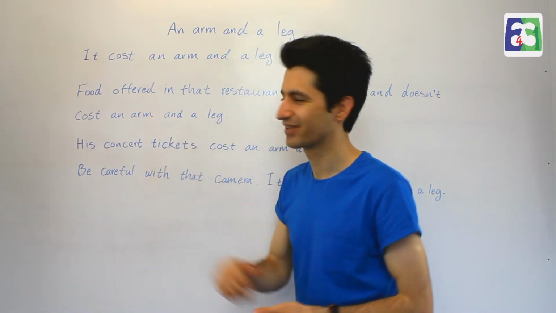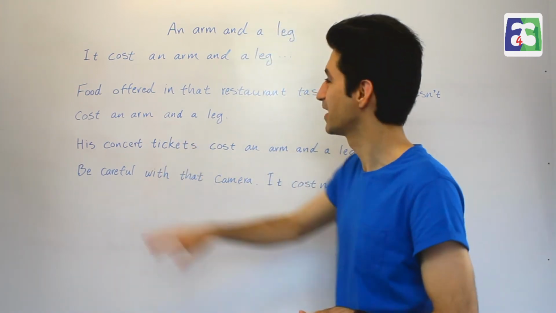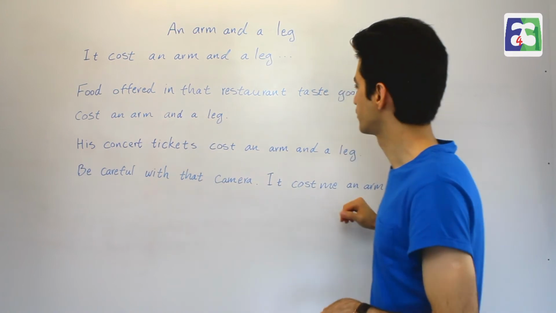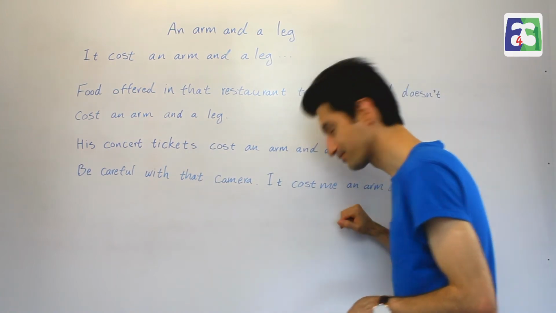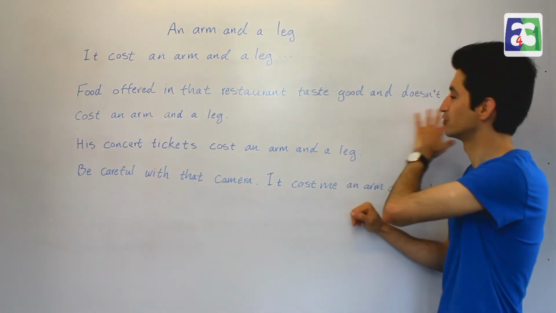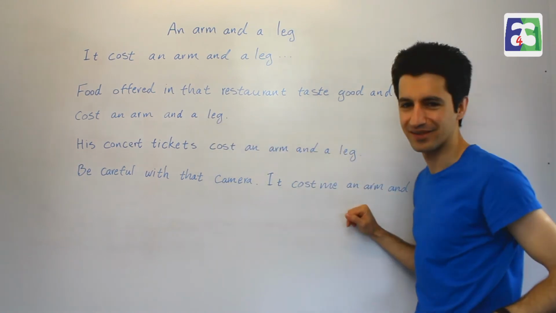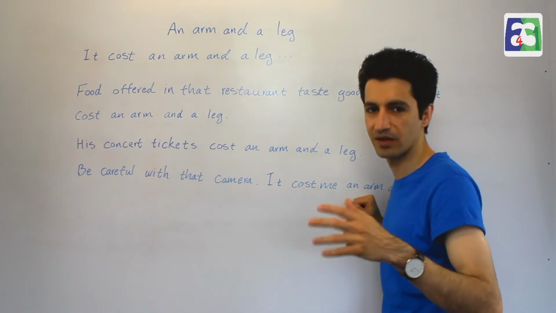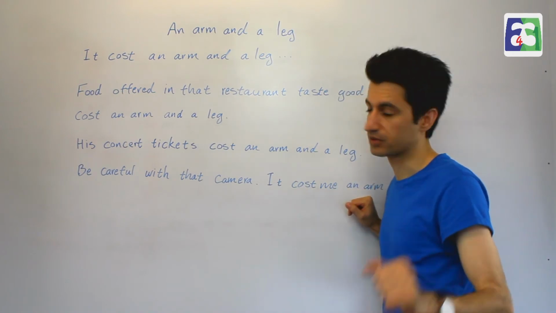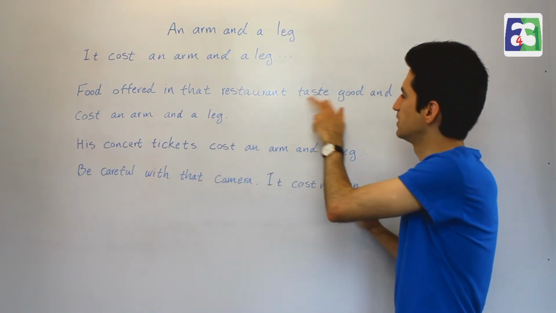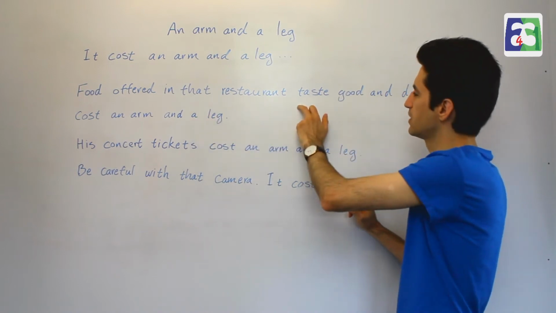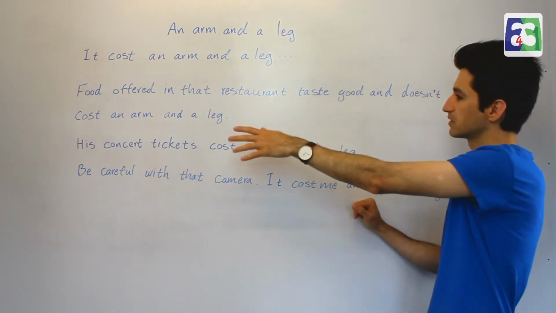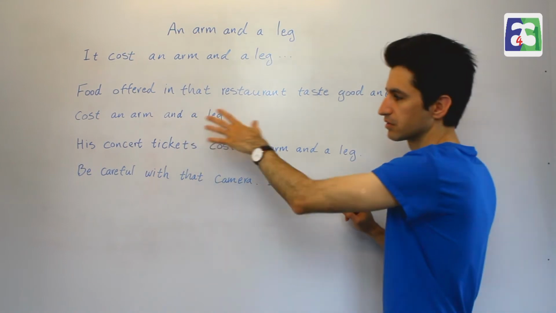Alright, now let's look at these examples. Food offered in that restaurant tastes good and doesn't cost an arm and a leg. I'm talking about two good things about the restaurant: the food tastes good, and it doesn't cost an arm and a leg.